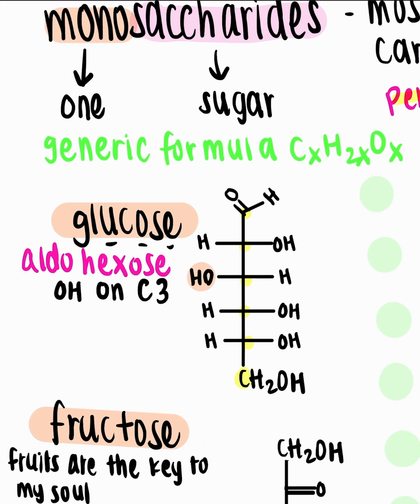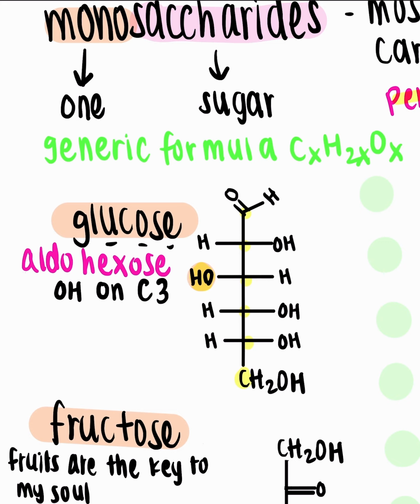And the only outlier per se, and what I mean by outlier is the OH is on the left and all the other OHs you can notice are on the right. So that's what I mean by outlier. So remember that, because for the next one it's going to make it easier. Again, glucose is an aldohexose, so the OH is on the C3.